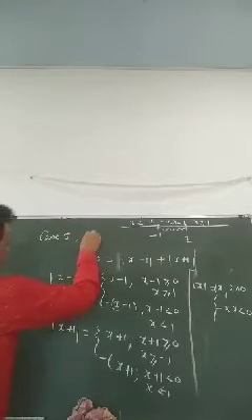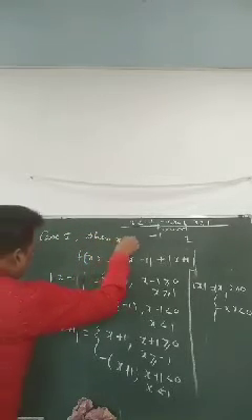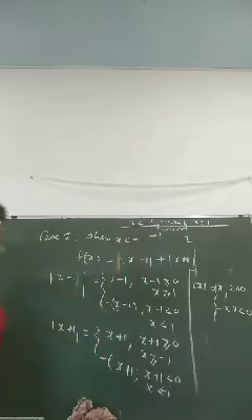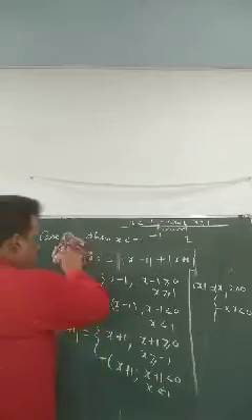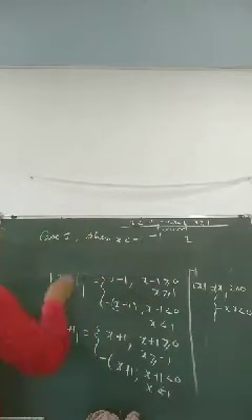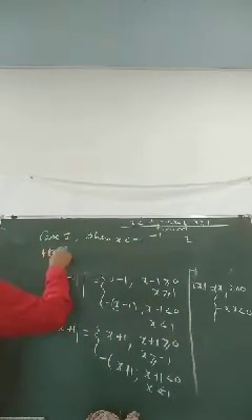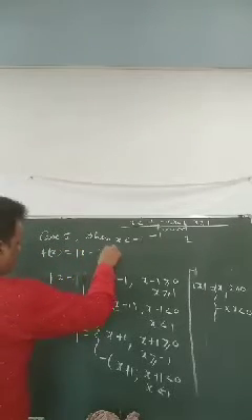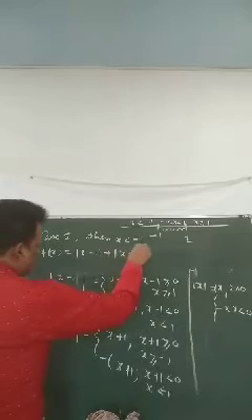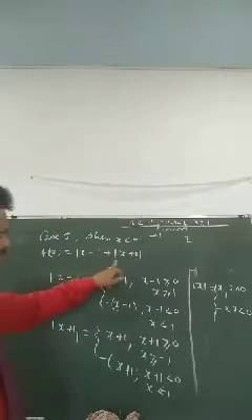So case 1, when x is less than minus 1. This is the only part you have to understand. So our f(x) is mod of x minus 1 plus mod of x plus 1. Okay, this is the one.